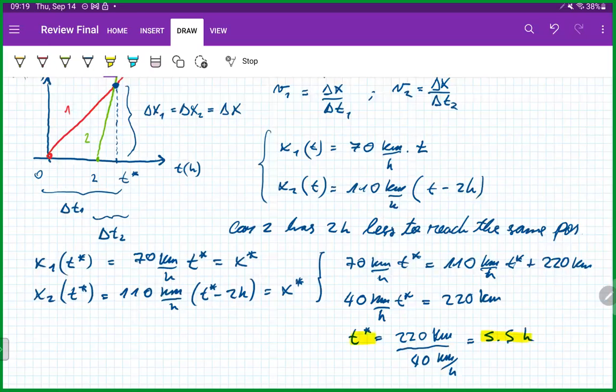So we have the time at which they encounter each other. Any questions so far? Let me make this nicer. There. All right, good.